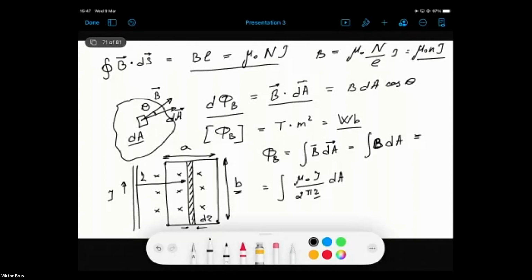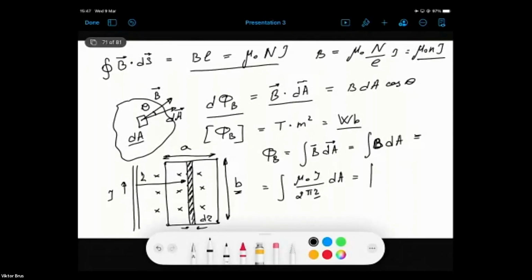So in this case, we can substitute dA with the product of b times dr. That will be the area of this small narrow strip within the considered frame.